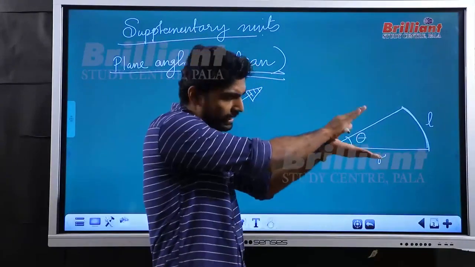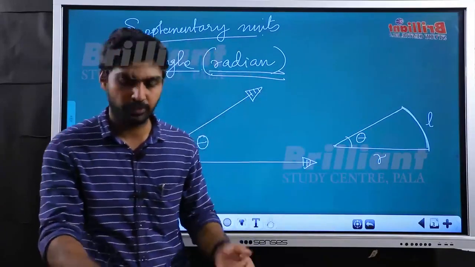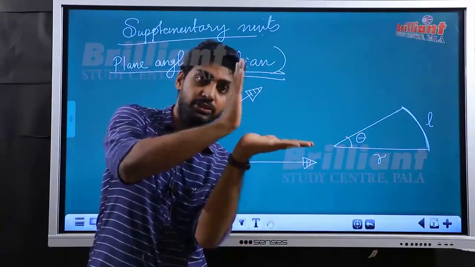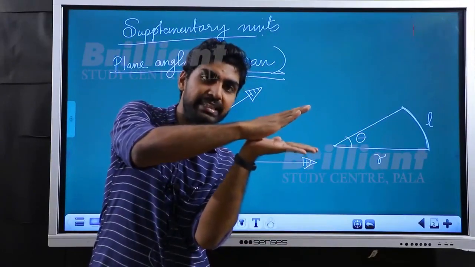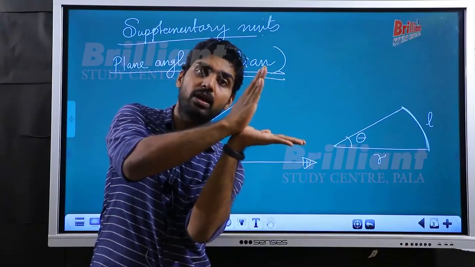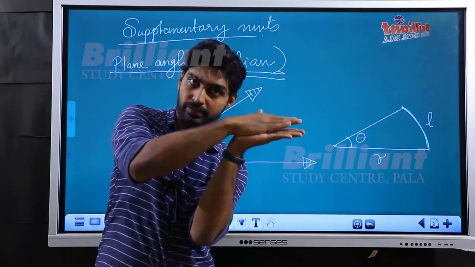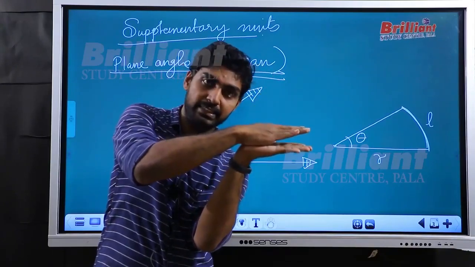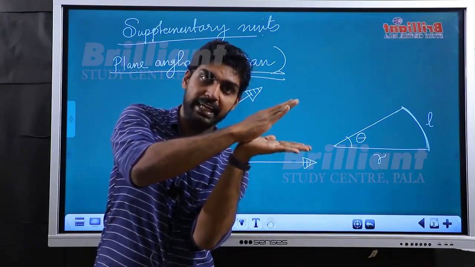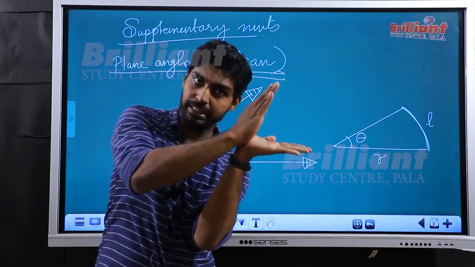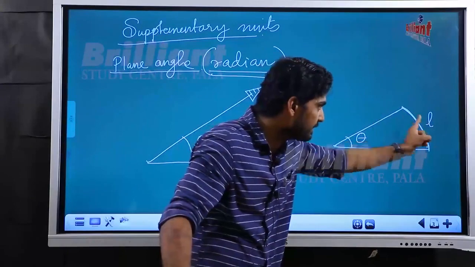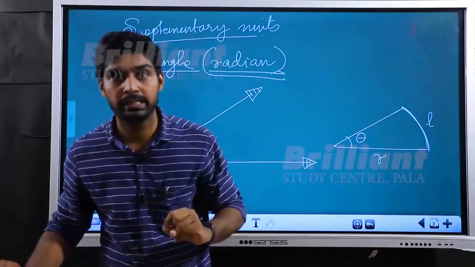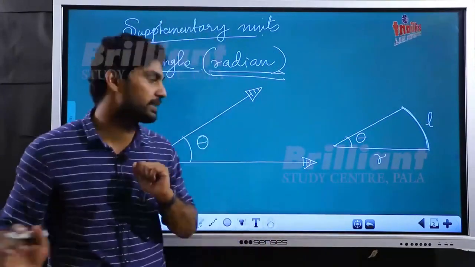As the angle increases like this, suppose this is the radius, these are the two arms, you can see that the arc length also increases. Once again, the radius is fixed. When I increase the angle, the arc length also increases. So you can see that this arc length is directly proportional to the angle.